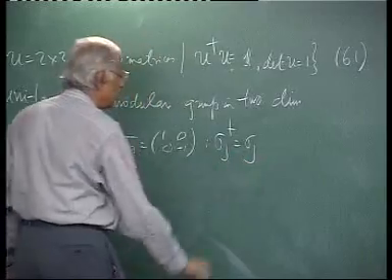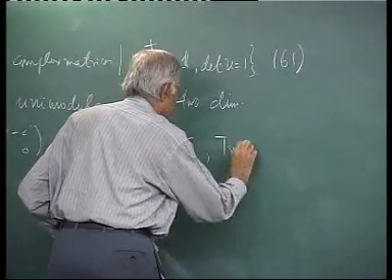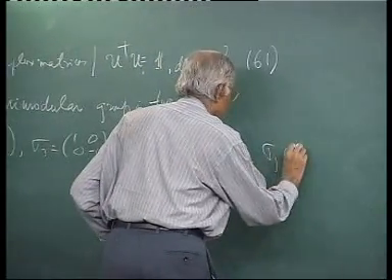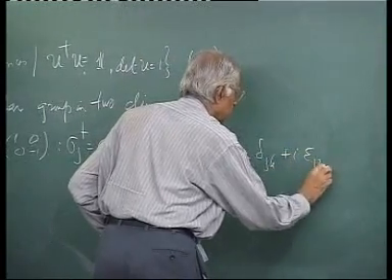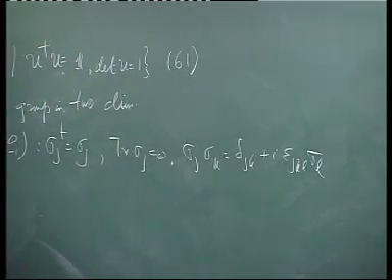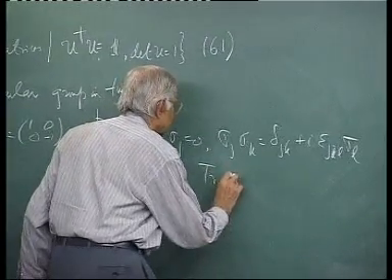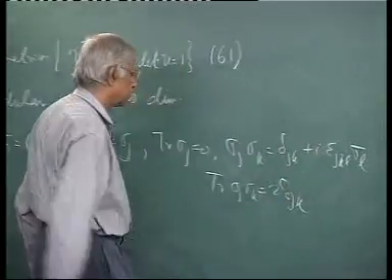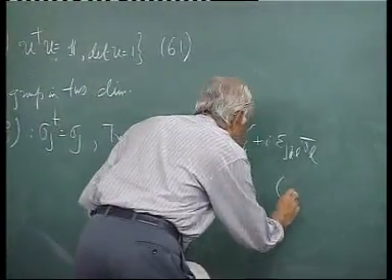They are Hermitian, traceless, and if you multiply any 2 of them, the result is like this, and trace sigma j sigma k is 2 times delta jk. These are the most important properties of the Pauli matrices.